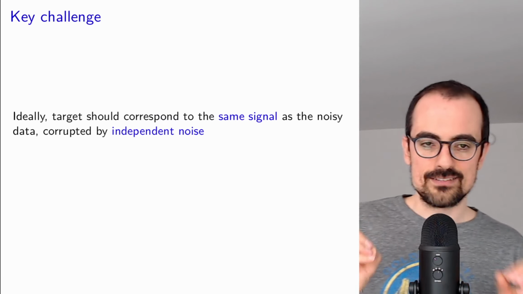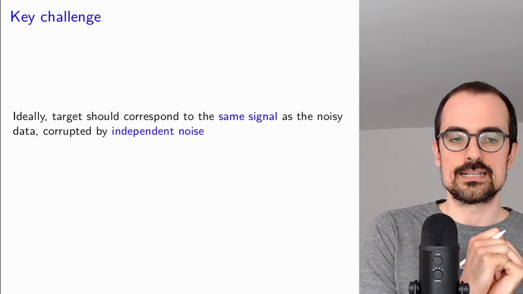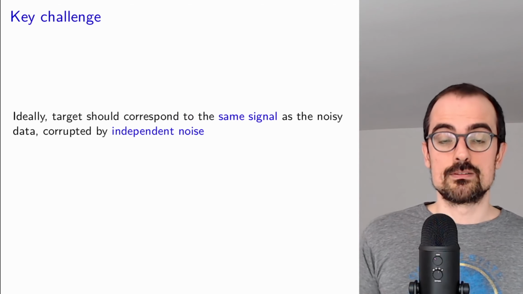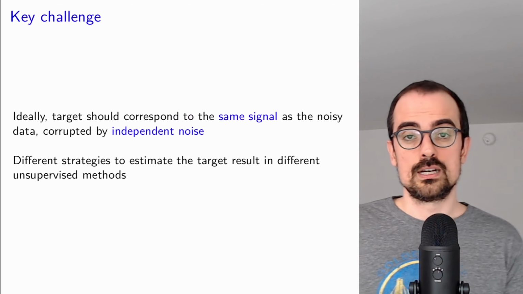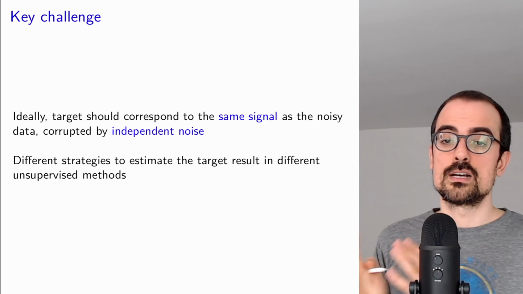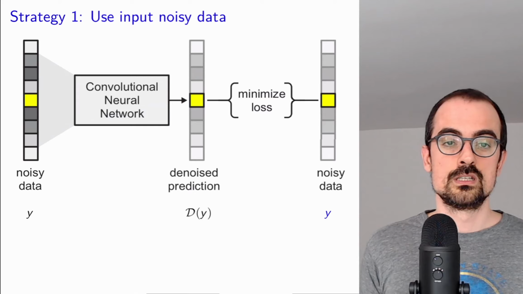Ideally, again, for everything to work out, the target needs to correspond to the same signal as the noisy data, but corrupted by independent noise. There are several strategies to achieve this, and these result in different unsupervised methods in the literature. So now we're going to take a look at a few.